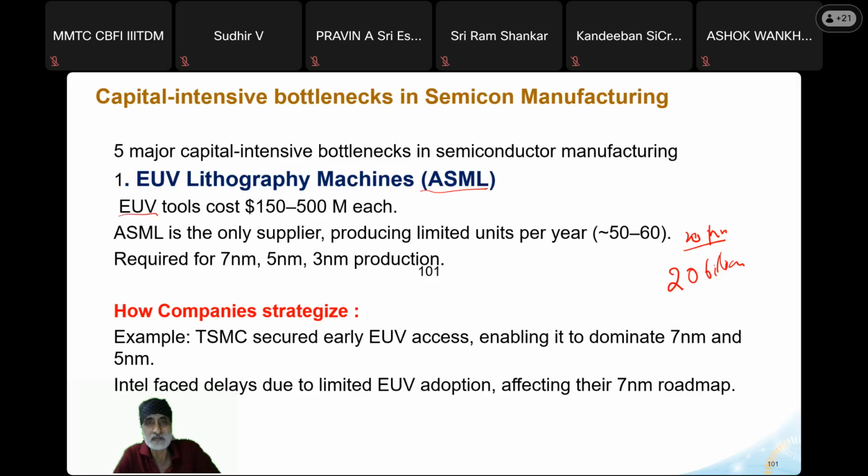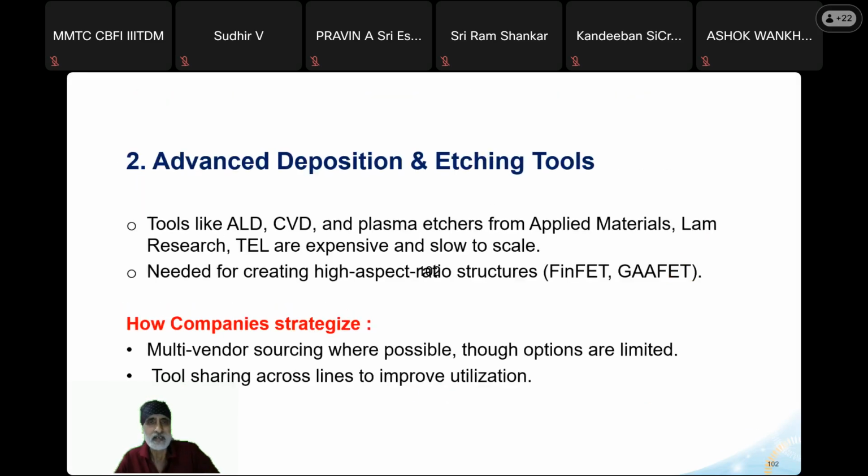They only make 50 to 60 units. So TSMC has taken the bulk of these machines, and Intel is facing delays due to limited adoption, affecting their 7 nanometer roadmap.